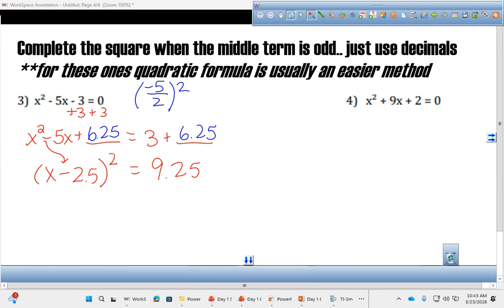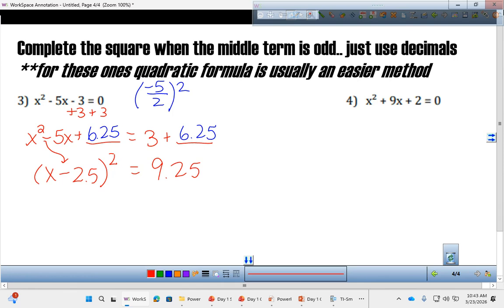So last one, I'm going to take the 2 and I'm going to move it to the other side. I'm going to leave room for a perfect square, and I'm going to leave room for the same perfect square on this side. Splitting up 9 would give me a 4.5 and a 4.5.